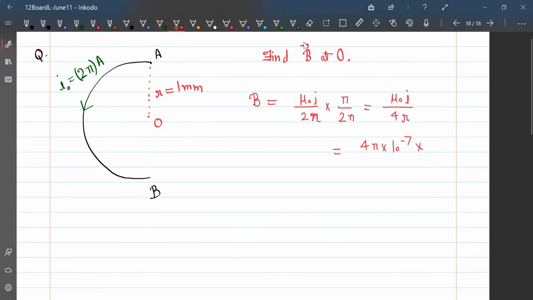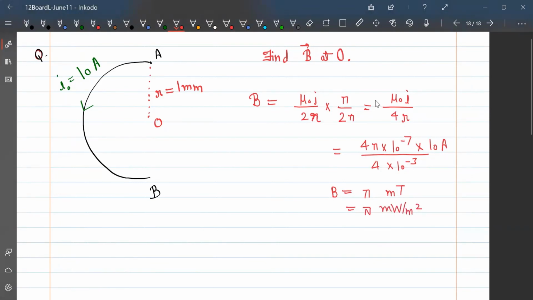Let's take the current as 10 ampere. So this will become 4 pi into 10 raised to minus 4, pi millitesla, or pi milliweber per meter square.